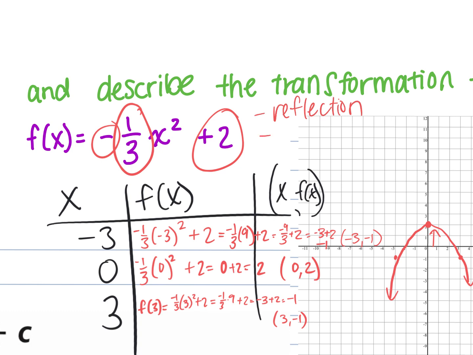I think Austin said that one. Shrinking. It was a shrink. Very good, Mia. And I always say by what factor? So it's a shrink by what? By 1/3, right? Don't include the negative. The negative is a separate transformation. Remember, the negative was our reflection. You got that? The shrink was by 1/3, okay? And what was the last transformation, Colin?